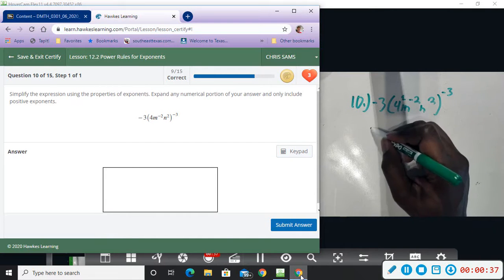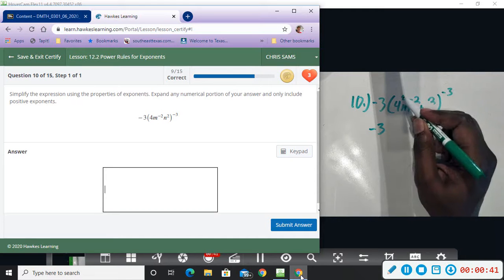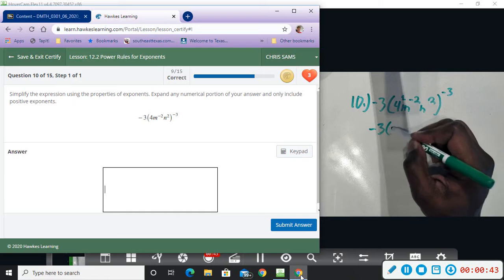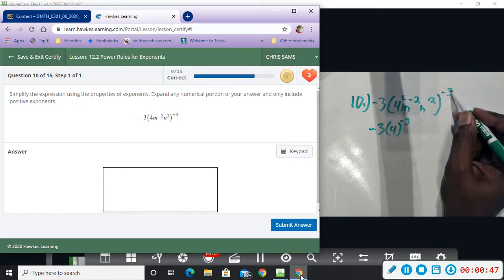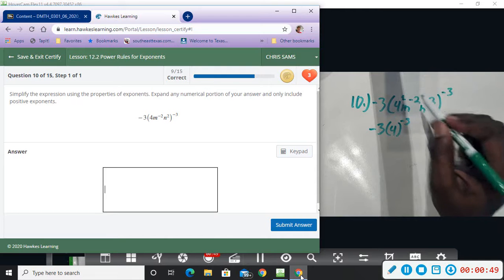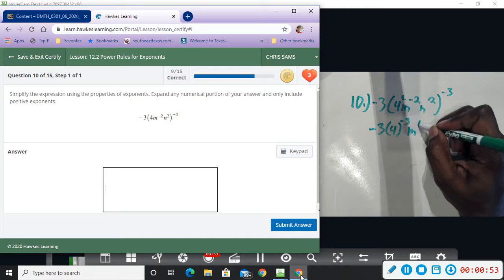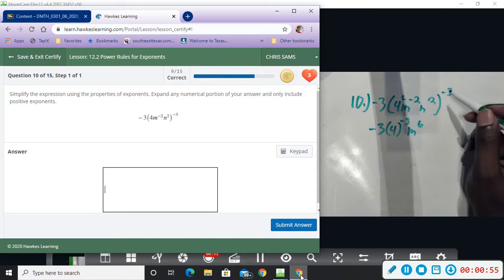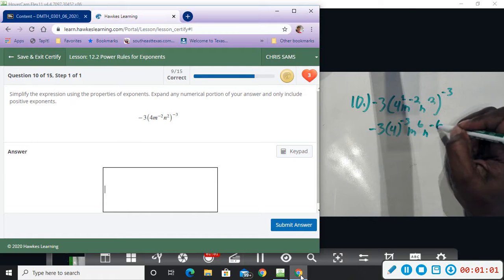So this -3 we have outside, and then -3 times this 1 will give us 4 to the -3rd, and then -3 times -2 gives us a +6, so we have m to the 6th, and then -3 times 2 will give us n to the -6th.